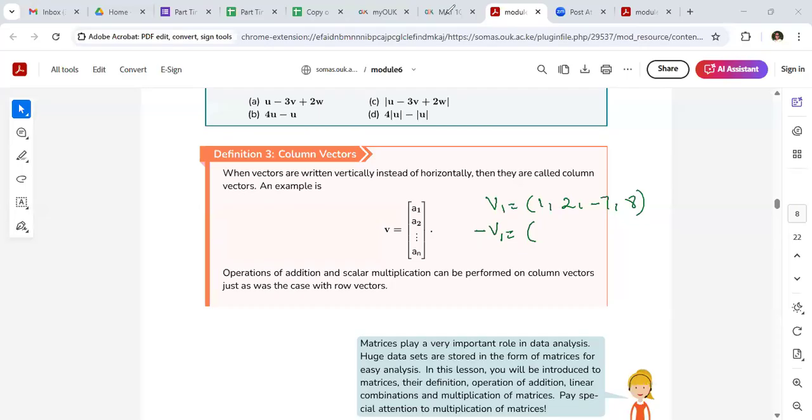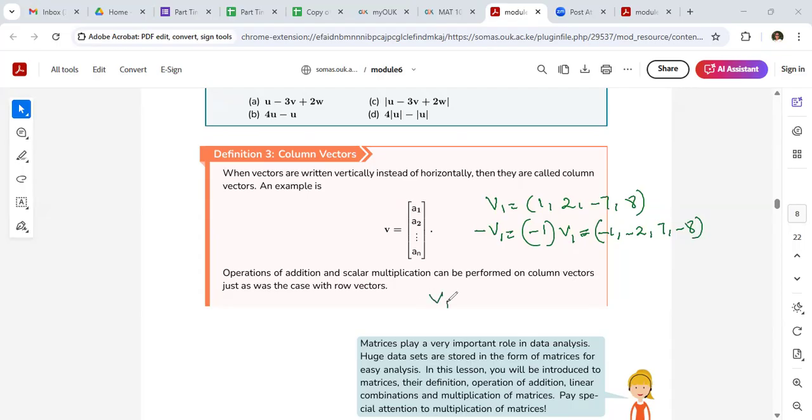The vector negative v1 is -1, -2, 7, -8, correct. It is -1 multiplied by v1. This is a very important step: you're multiplying v1 by the scalar -1, so multiply every element in the vector by -1. So you have -1, -2, 7, -8.